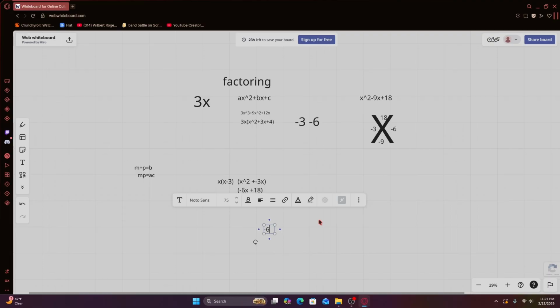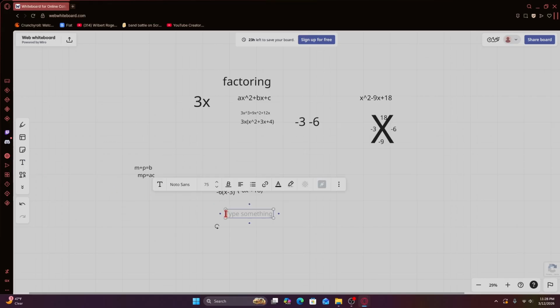So negative 6 is our GCF, and we get x minus 3, because negative 3 times negative 6 is positive 18. You see how our second factor is x minus 3 in both. This is how you know you factored by grouping correctly, if these two brackets are the same. So what we can do is take the first two terms and make a binomial.